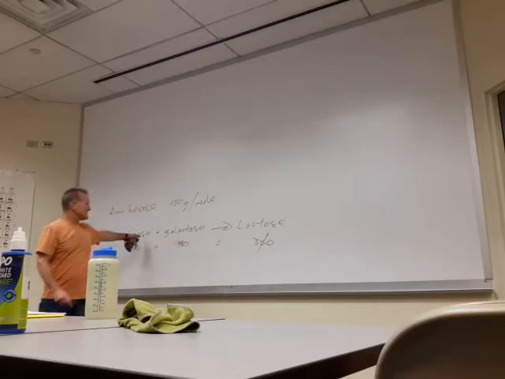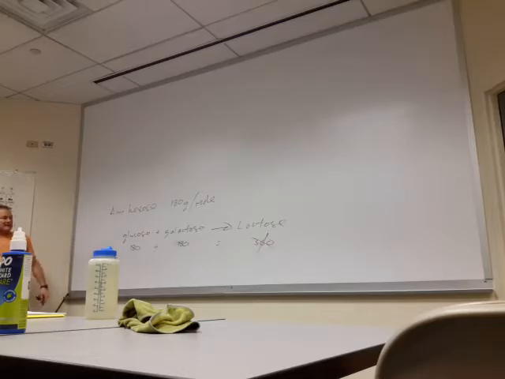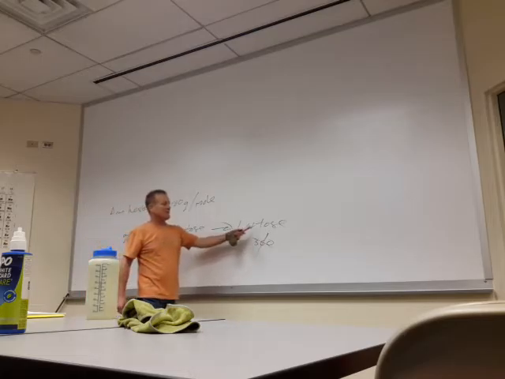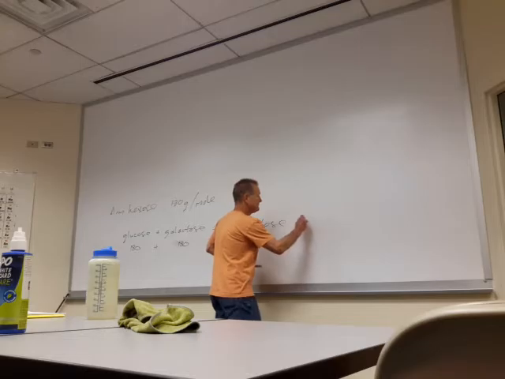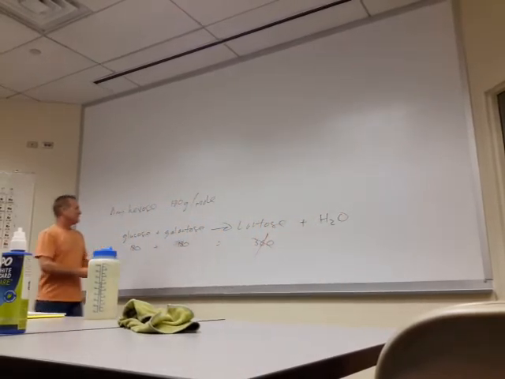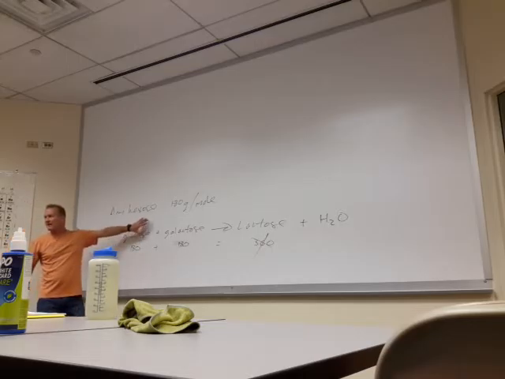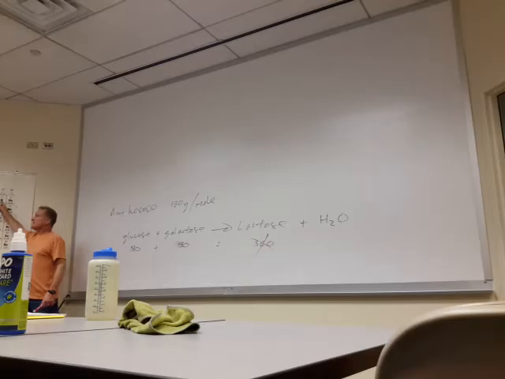What type of reaction is this? Dehydration synthesis. Dehydration synthesis? How does dehydration synthesis work? We combine two subunits, we form a dimer plus water. Where'd the water come from? Took a hydrogen from one of these, a hydroxyl from the other. What's the molecular weight of water? 16 for oxygen.